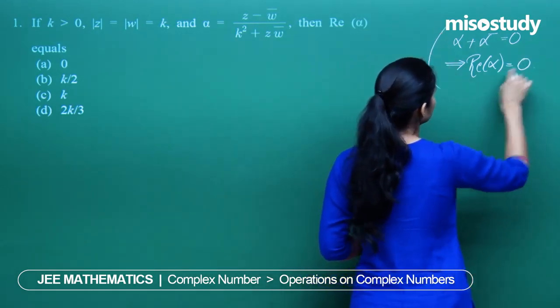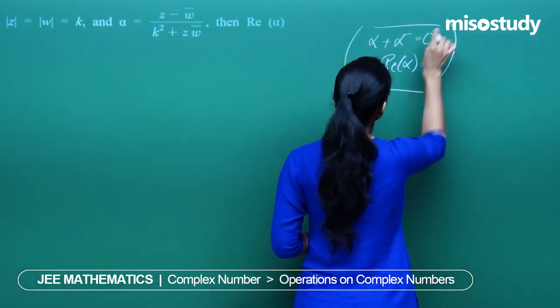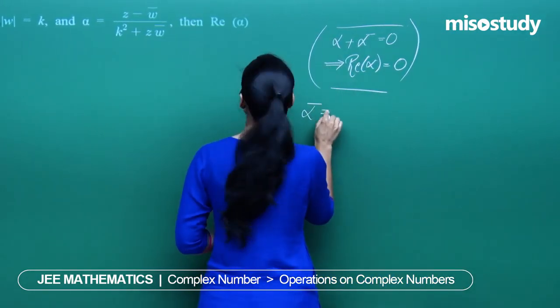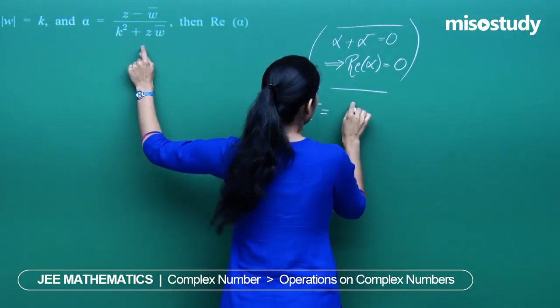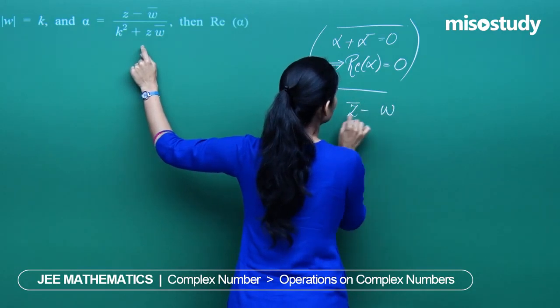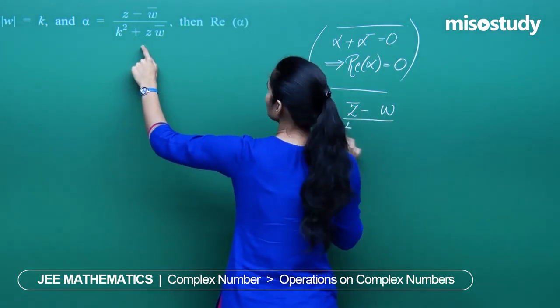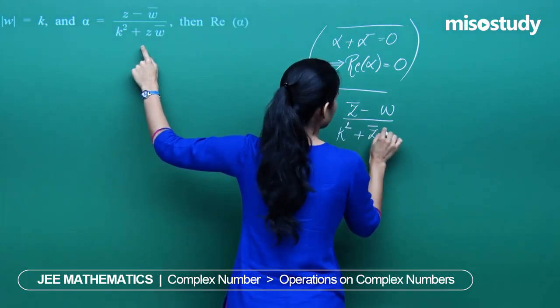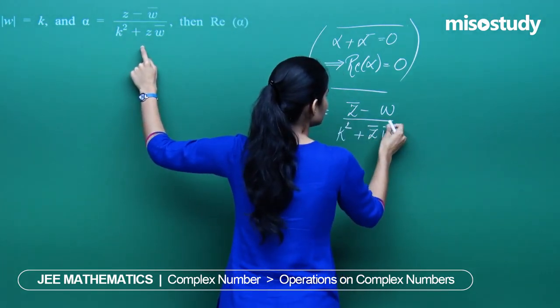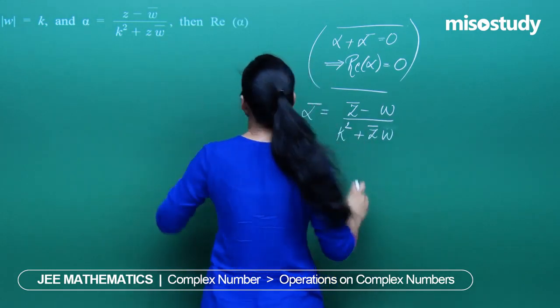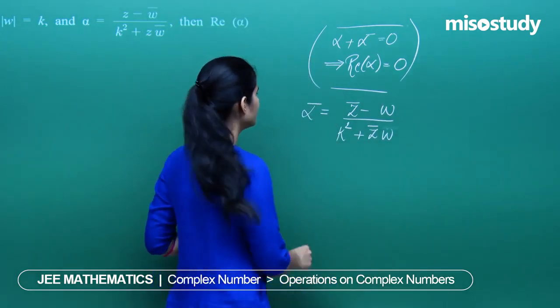Keeping this in mind, if alpha is this, alpha bar is z bar minus w bar bar, which is w, upon k square bar, which is k square, plus z bar w bar bar, which is again w.